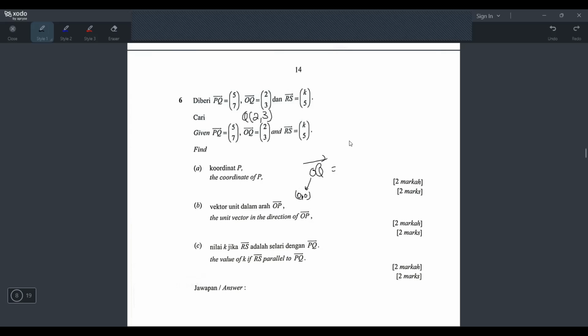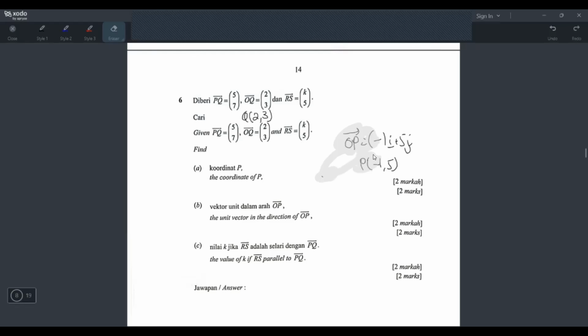right? So if I say vector OP is negative 1i plus 5j, it means what is your coordinate P? It'll be negative 1, 5, right? But you can only do it like this when your starting point is 0, 0, when your starting point is O, right? If your starting point is P or maybe R, then of course your coordinate will be something else, right?